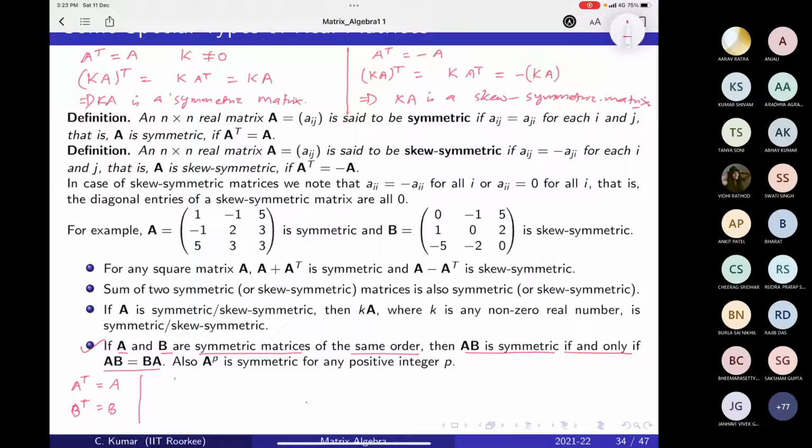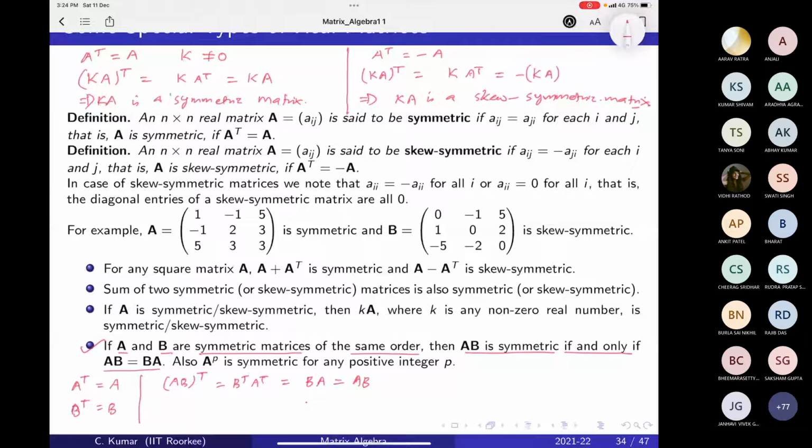So we can start by taking the transpose of the product AB. So this is equal to B transpose A transpose, but B transpose is B and A transpose is A. And this is equal to BA.